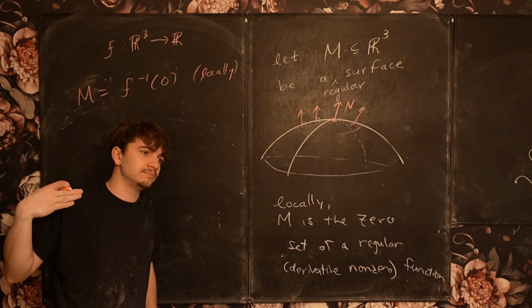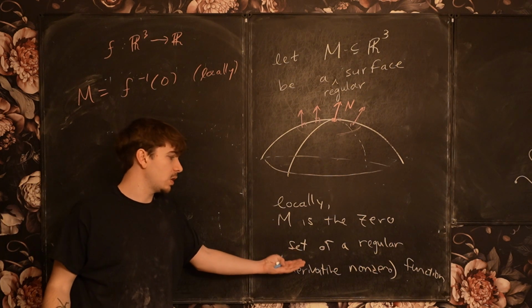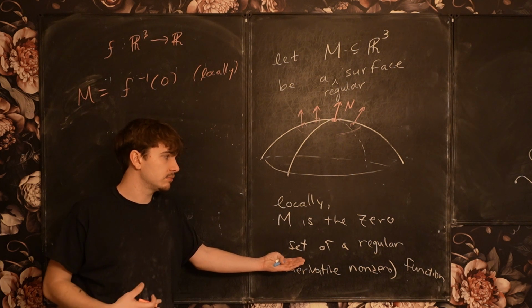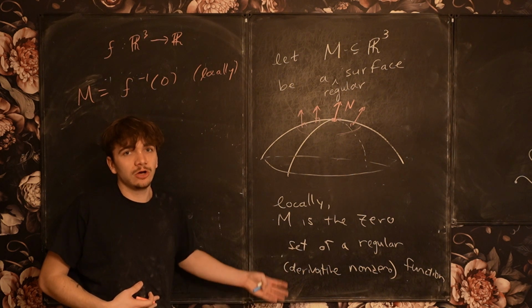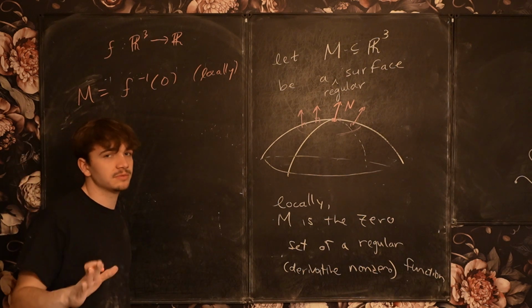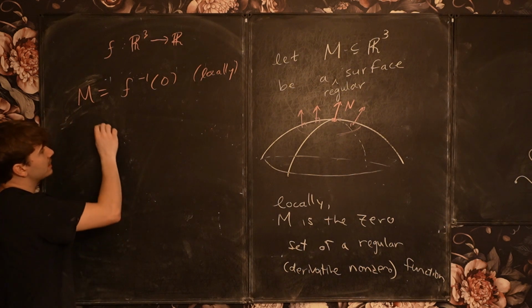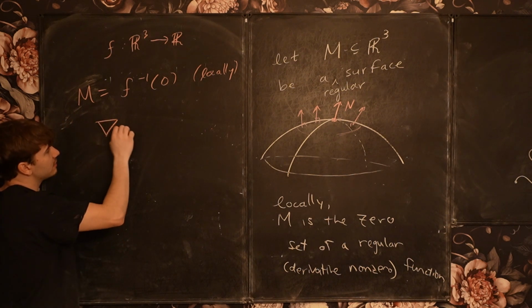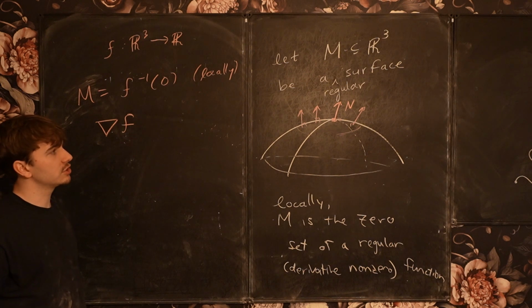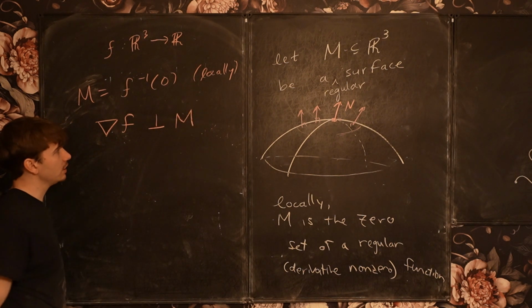In the example of a sphere, that was a global level set of some regular function, but in general we just need it to be locally the zero set of a regular function. And then what we can identify is that the gradient of f is going to be orthogonal to M, okay?